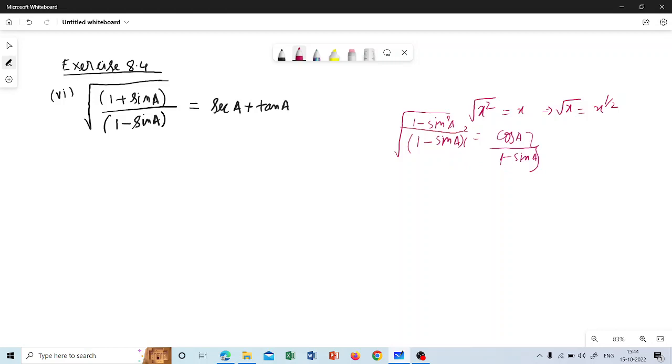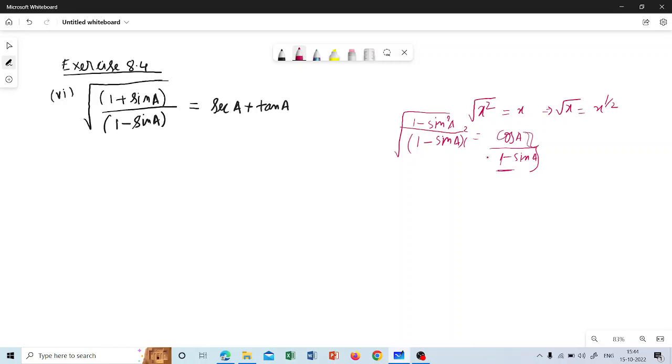In the denominator we need only a single term. If you check the RHS, the denominator term should be cos A, because sec A is 1 by cos A and tan A is sine by cos. But here something different has happened.